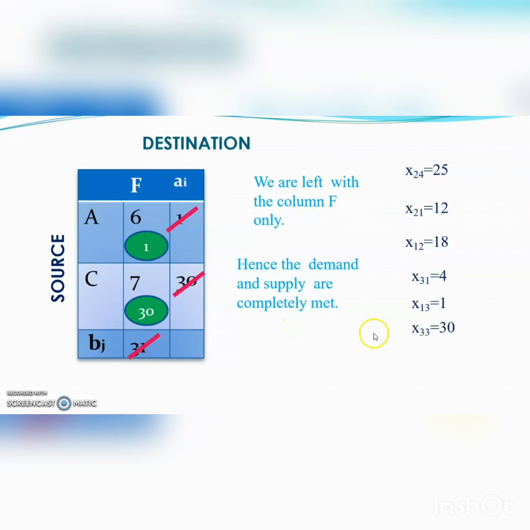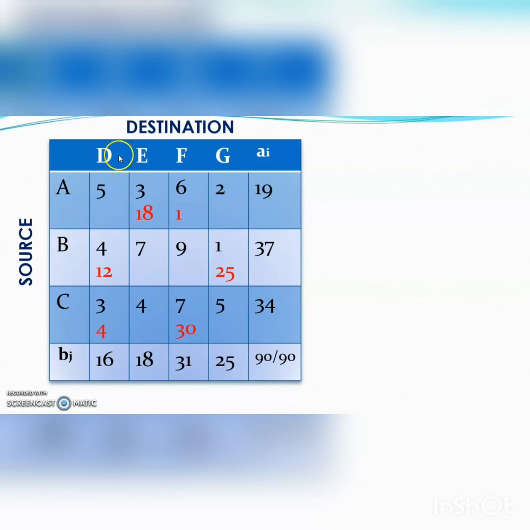Now we see that the number of decision variables with non-zero values is 6. The number of rows in the given transportation table is 3 and the number of columns is 4.